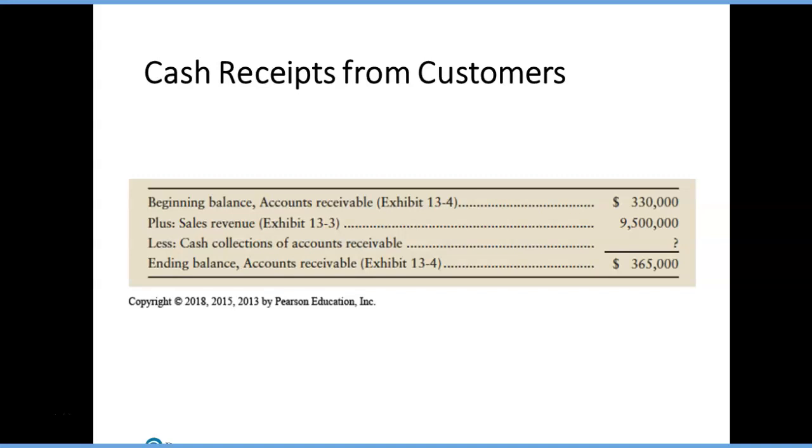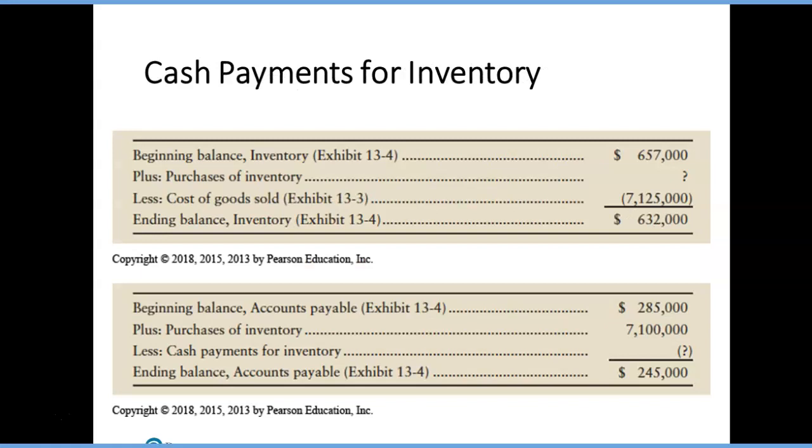One is going to be cash receipts from customers. How do we calculate it? If we know what certain account balances are and how they're related to one another, we can deduce, with this example in front of you, what the cash collections from accounts receivable are. And again, these are very, very important computations, because sometimes it's not evident.